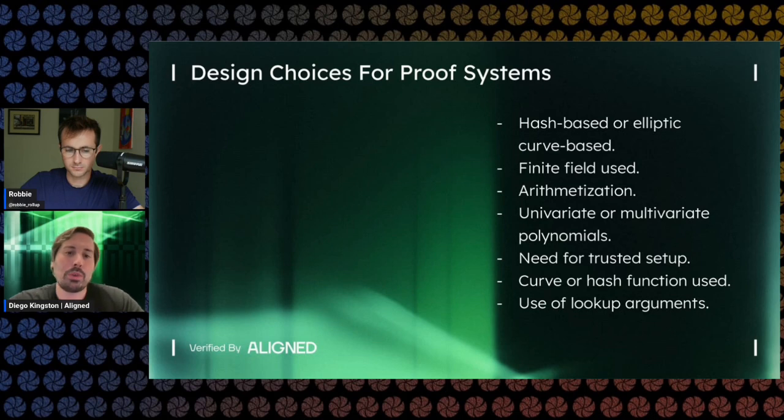Then you have different ways of representing your computation. So this is more or less what happens when you write a computer program. In general, you write it in a higher level language, then it gets compiled into assembly, and then it gets compiled to bytecode, and that is what the computer runs.